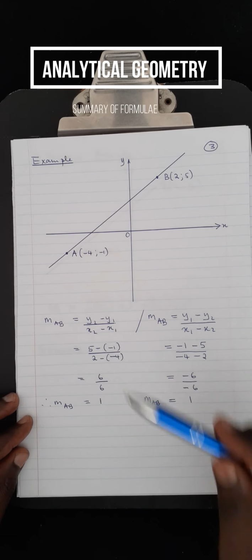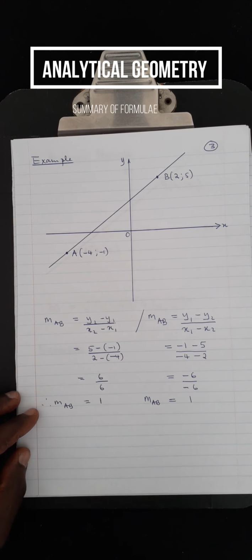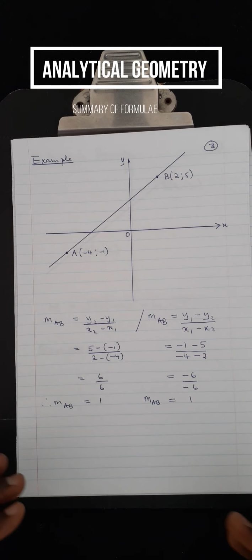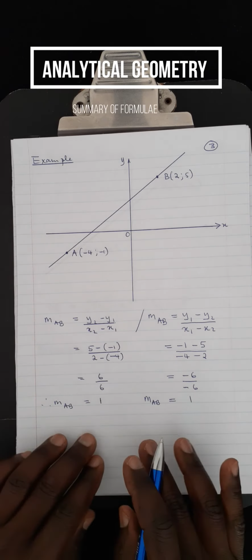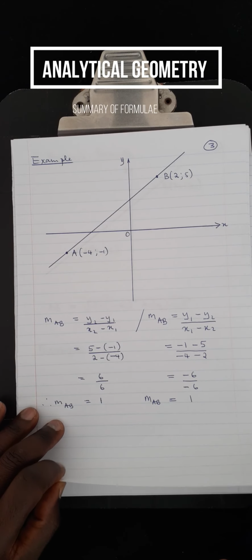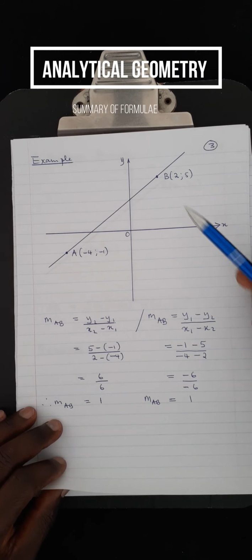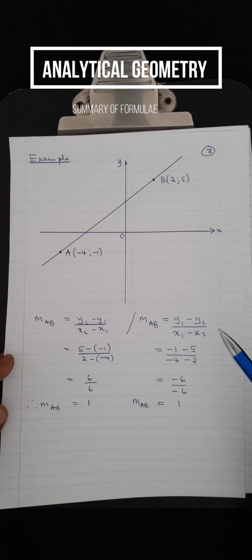Substitute the coordinates, then you get your number. It can be any number, maybe 3/4, 7/10, 0.5, depending on the type of question that you are given. So that's an example of how you can calculate the gradient of a straight line.